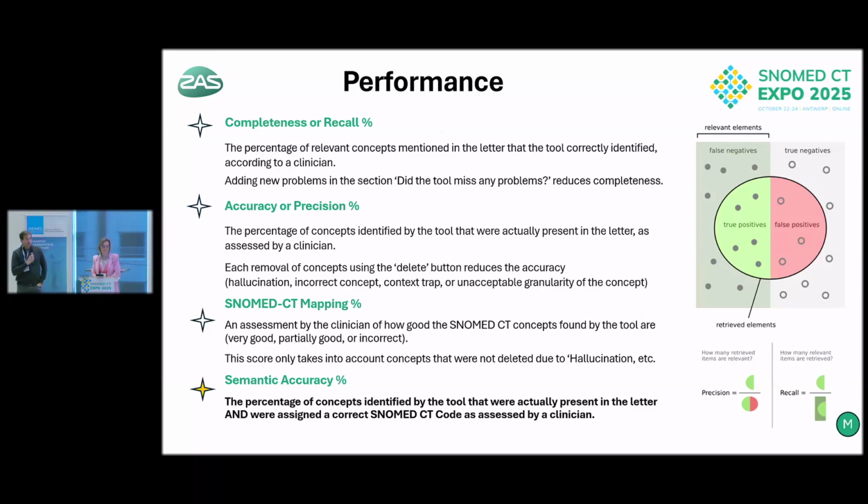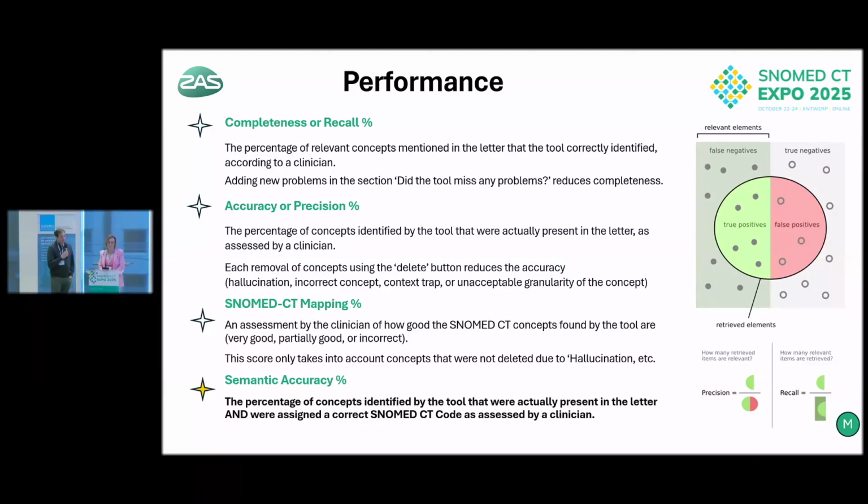So what were the results of our clinical validation? Validation performed by clinicians of the specialties for which the tool was trained. So what was the performance of the tool? We look at different performance dimensions, the first one being completeness or recall.